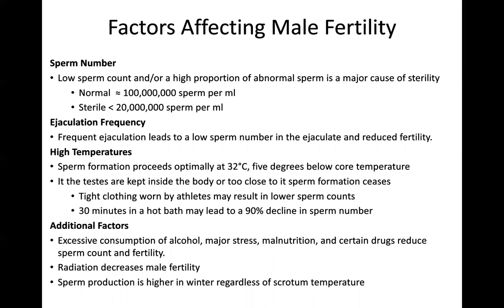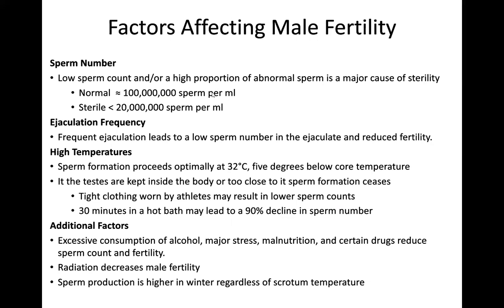Okay. One of the most important factors affecting males' fertility is the number of sperm that they produce. A low count of sperm and or a high proportion of abnormal sperm is a major cause of sterility, which is where a male is considered to be not fertile, which seems kind of weird because somebody that's sterile is still producing millions upon millions of sperm, but it is much less than what you see in a normal sperm count.